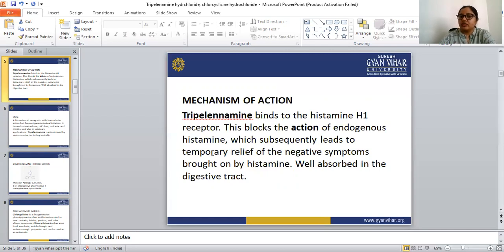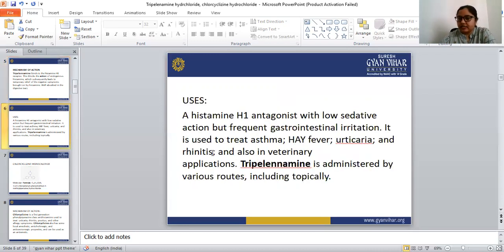The drug binding to the receptor blocks the action of the histamine, and this leads to temporary relief of the negative symptoms brought on by histamine. It is used in asthma, urticaria, hay fever, and rhinitis, as well as in animals, and the marketed product is available in topical application also. So we have seen the triplenamine structure, IUPAC name, molecular formula, mechanism of action, and the uses.